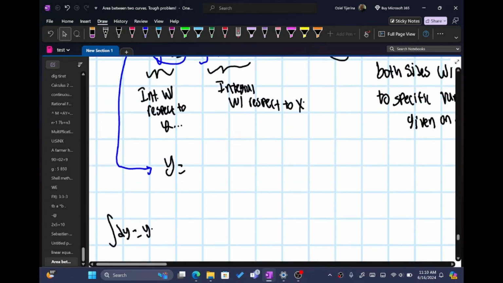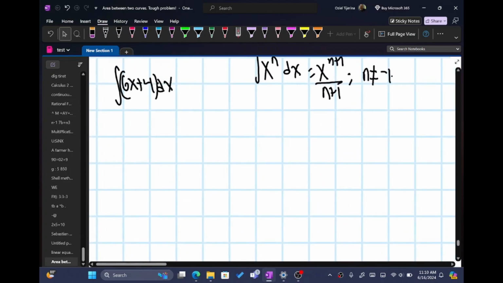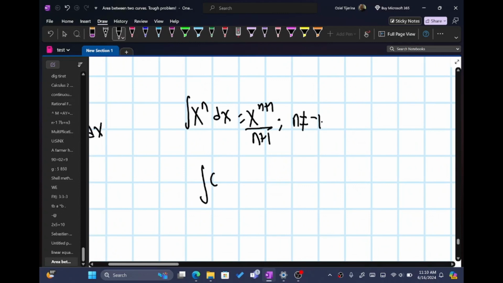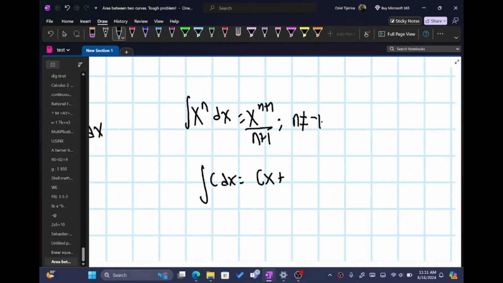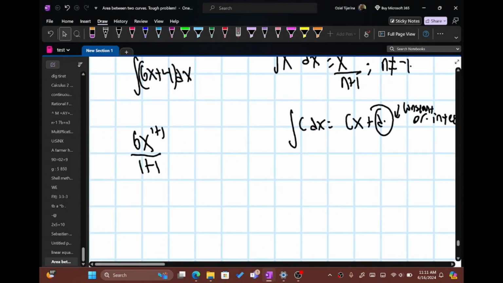So we're really going to have y equals, and then this part we're just going to do the integral on its own. It's going to go 6x^(1+1) over 1+1, and also the integral of a constant is equal to cx plus d, where d is the constant of integration. I just want to mention these rules really quickly, guys.